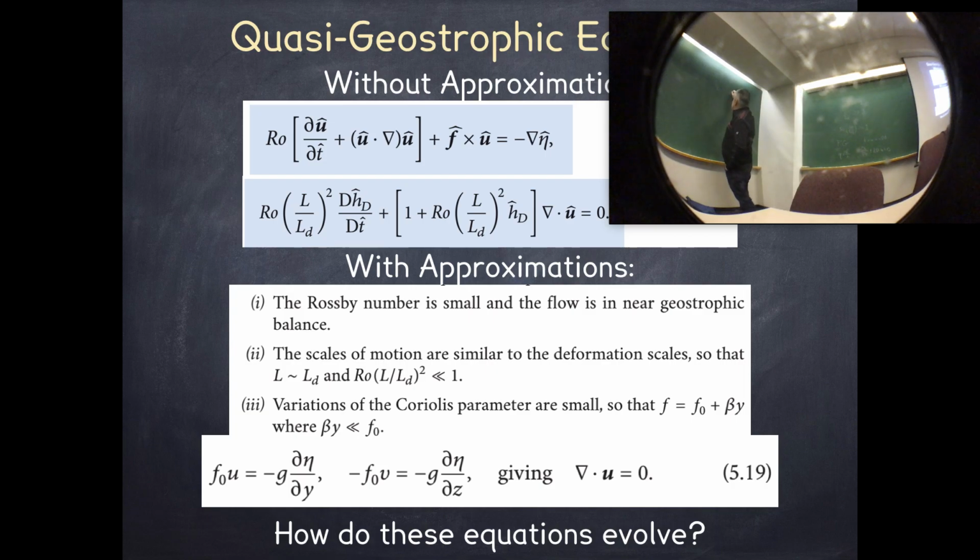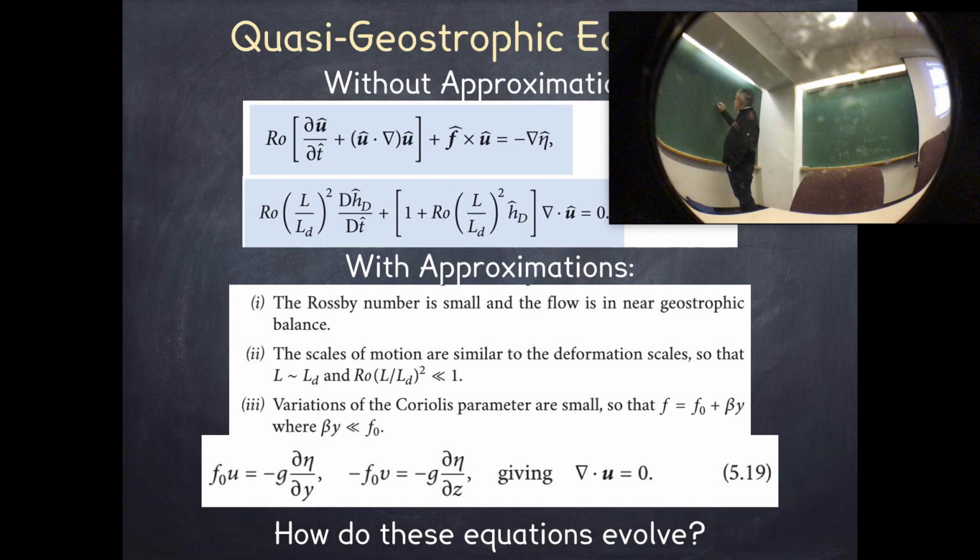Rossby number is small, L over LD is order 1. So from this equation we get geostrophy like we did before. What do we get from this equation? Horizontal incompressibility.